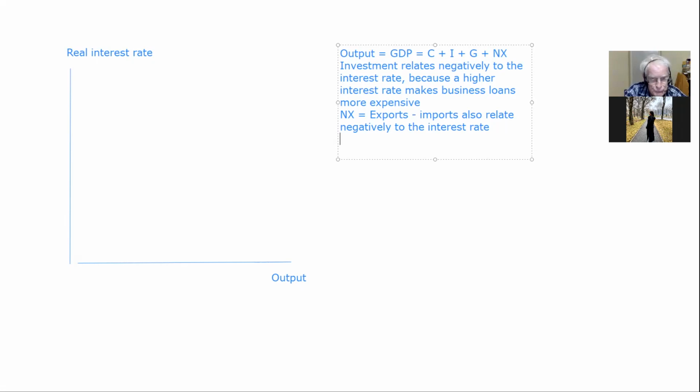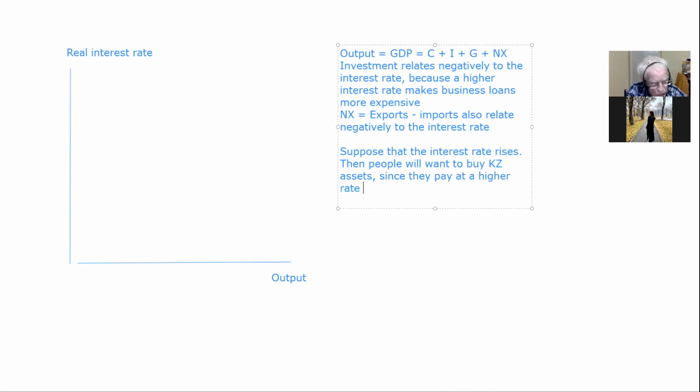So let's see. Suppose that the interest rate rises in Kazakhstan, then people will want to buy Kazakhstani assets since they pay a higher rate of return than before.